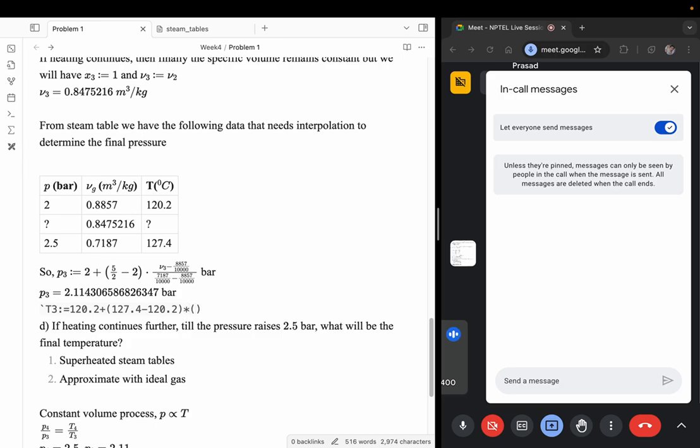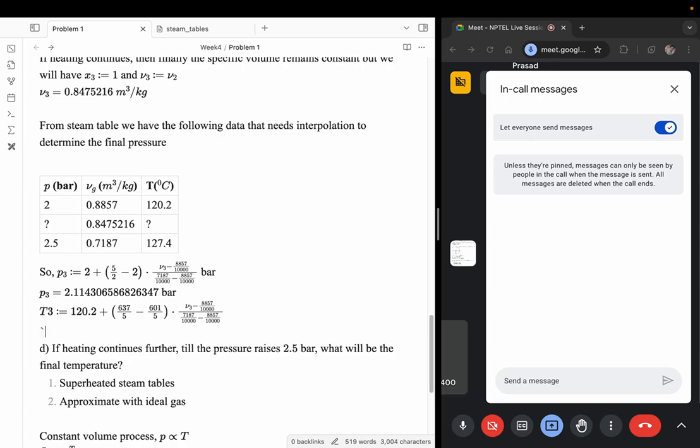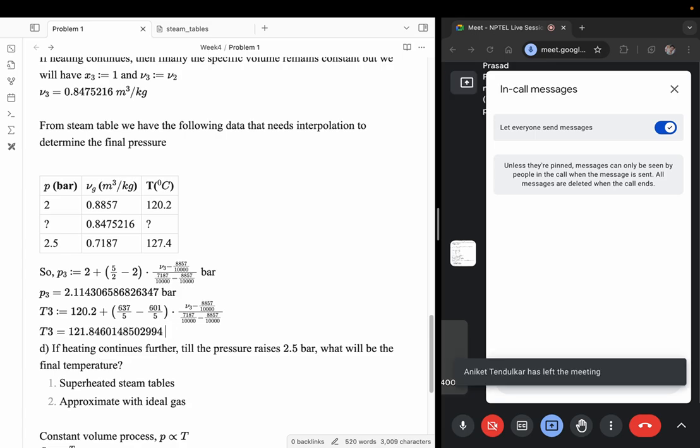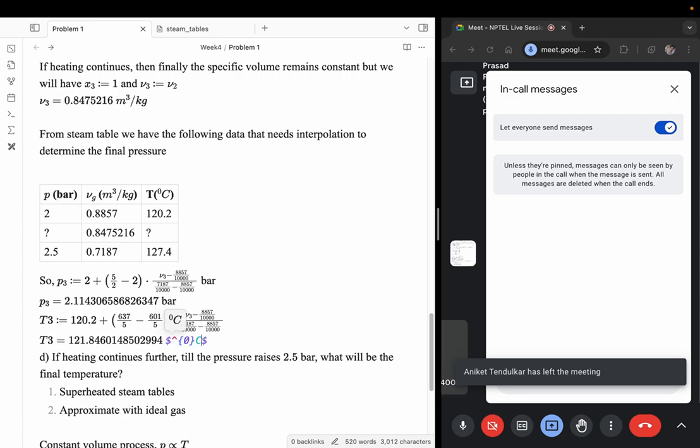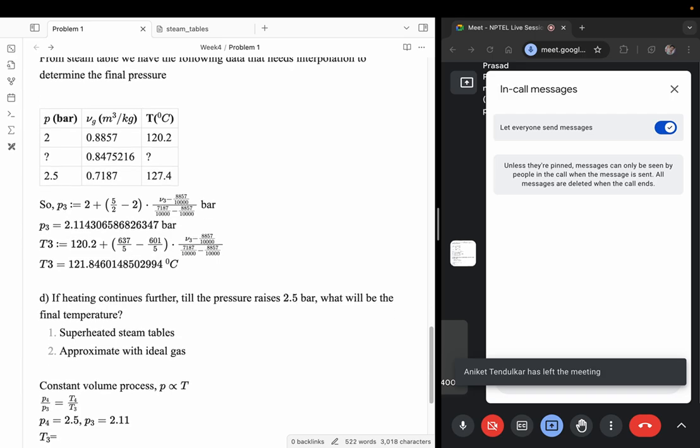times you calculate in terms of... So that gives me a temperature of around 121.84 Celsius.